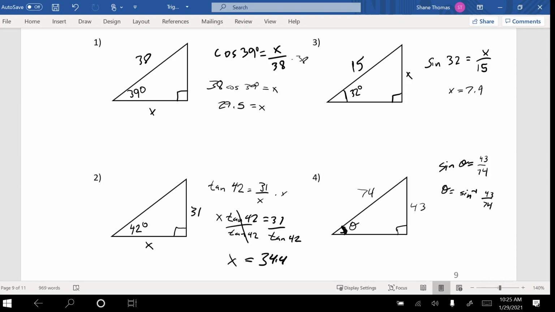Tell me what you get. 35 and a half. Good. And that was theta. That's an angle, correct? So make sure you put your degree sign on the end. Any questions? Anybody? All right, we're going to stop right there for today.